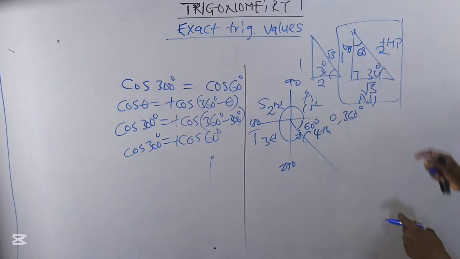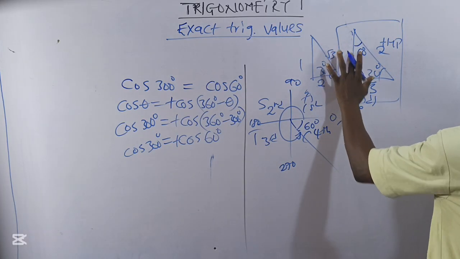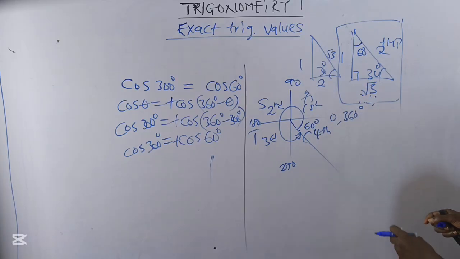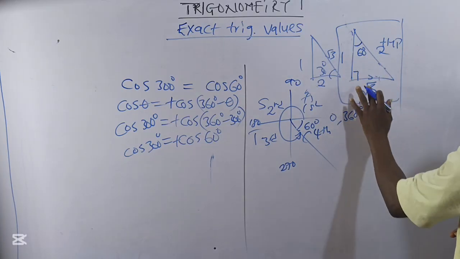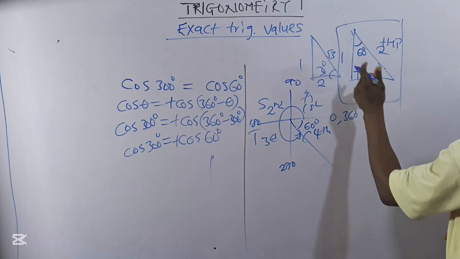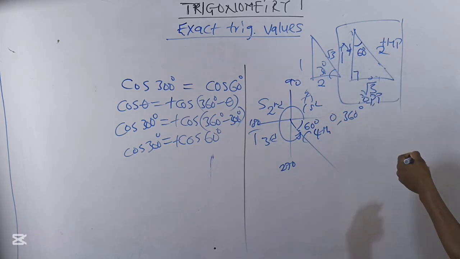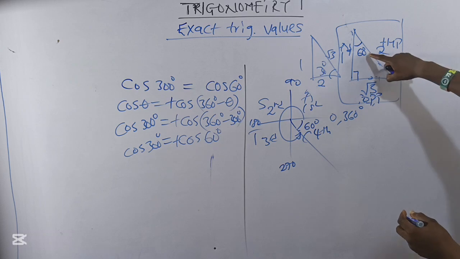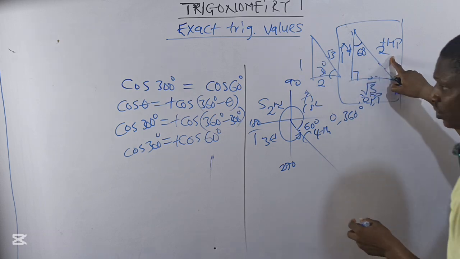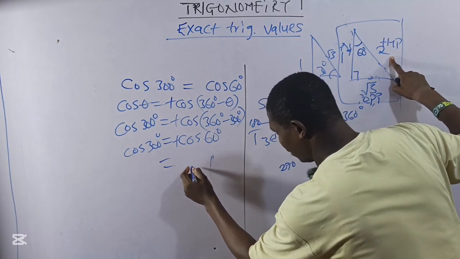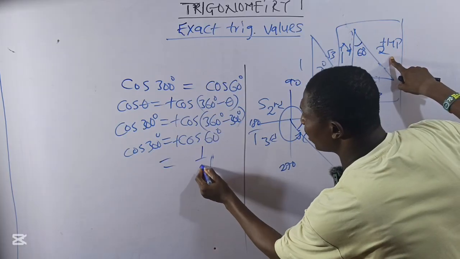And if this is 60 degrees, the opposite and the adjacent sides certainly change. So if I'm using 60 degrees, here is my opposite, here becomes adjacent, and my hypotenuse remains hypotenuse. So cos 60 is adjacent over hypotenuse, which is 1 over 2.